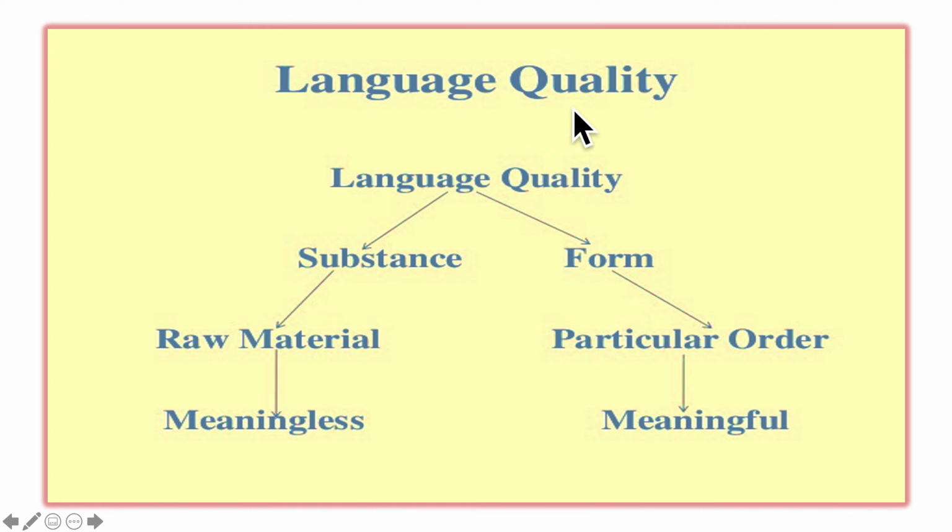Language quality has two parts, substance and form. Substance, normally we call it raw material, and it is meaningless because they are individual sounds and alphabets or letters. But if you give that substance form in a particular order, it becomes meaningful.